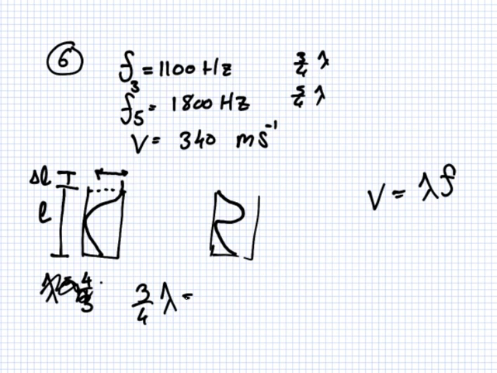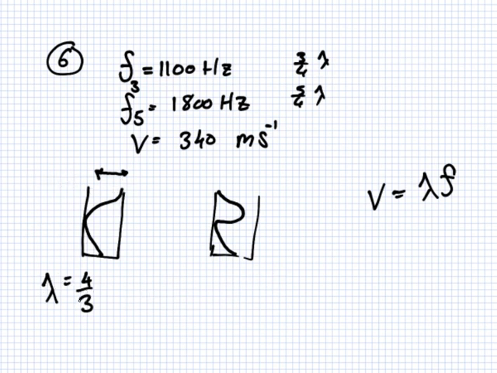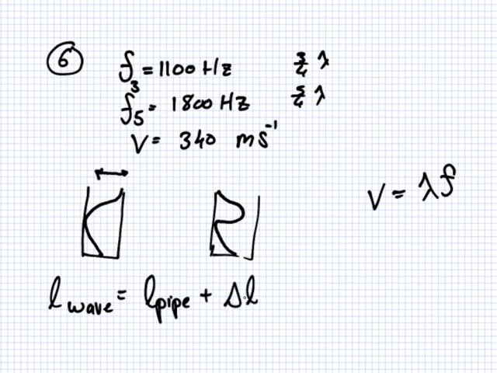I'm confused. Okay, this thing you wrote for us, L wave is equal to L plus delta L. What did I write for you? Length of the wave is equal to length of the pipe plus delta L. Yeah.